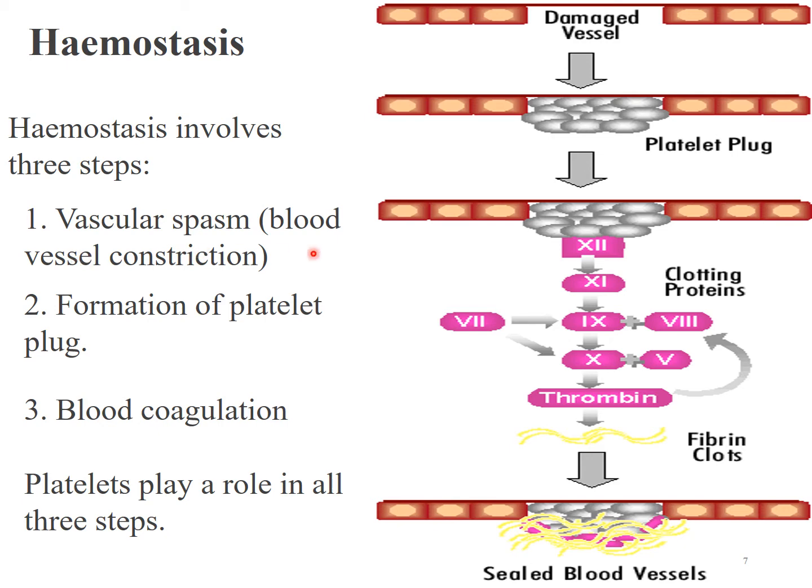Logically, with a smaller diameter of your arteries, you restrict the loss of blood. For the second strategy, you have the formation of the platelet plug, which is formed by the aggregation of platelet cells. And the third strategy is known as blood coagulation, which involves a cascade of protein interactions to form the fibrin clots, and it is the ultimate step our body can offer to stop bleeding.